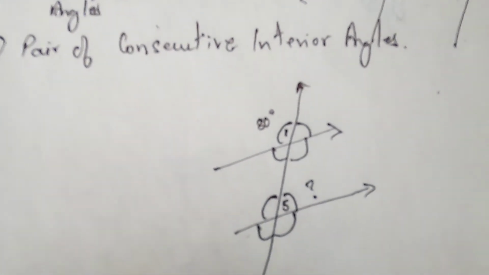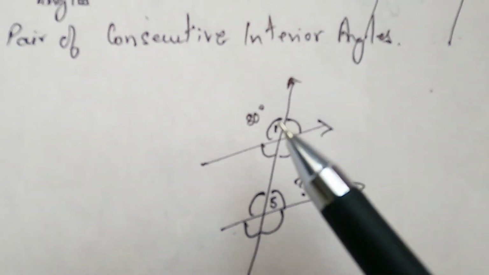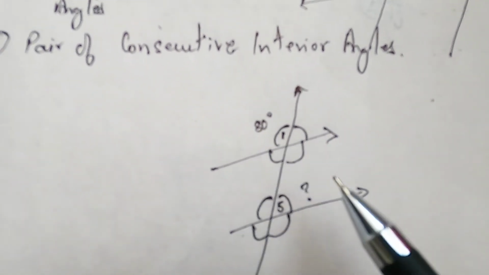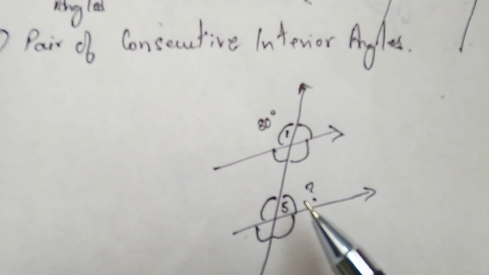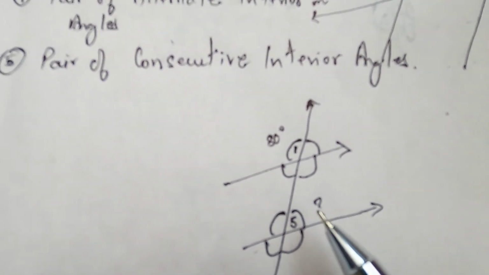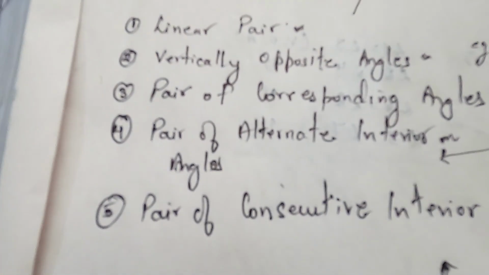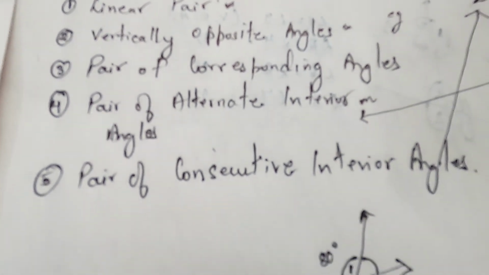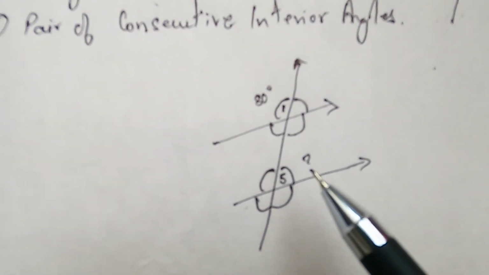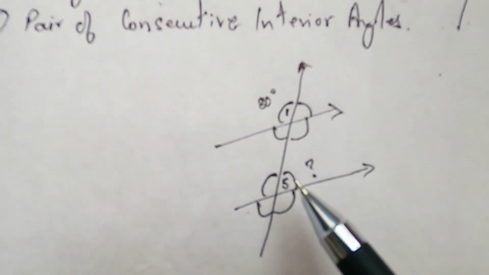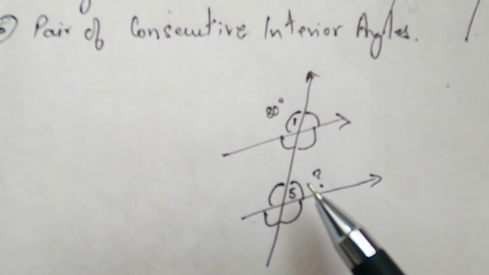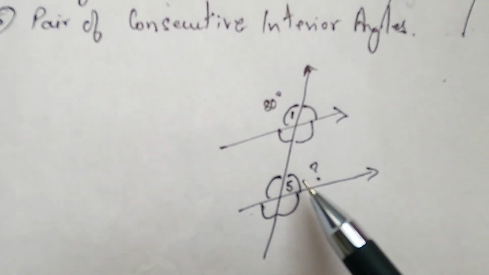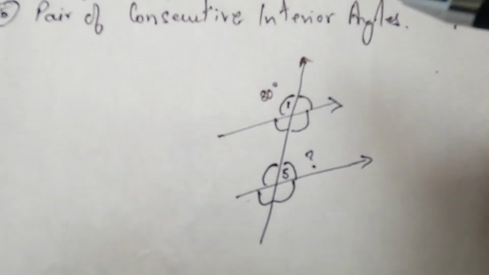Alright, in the beginning, angle 1 is how much? 80, and angle 5 we do not know. Now since we have understood the 5 pairs of angles, it will enable us to find the measurement of angle 5. There are so many ways in which we can find it.